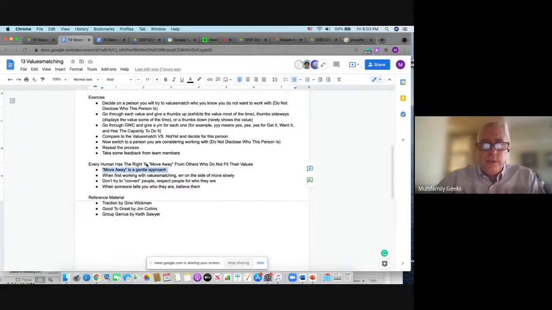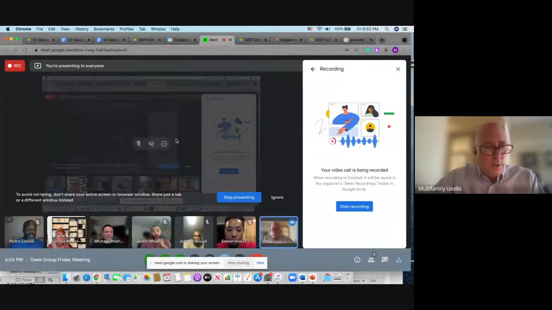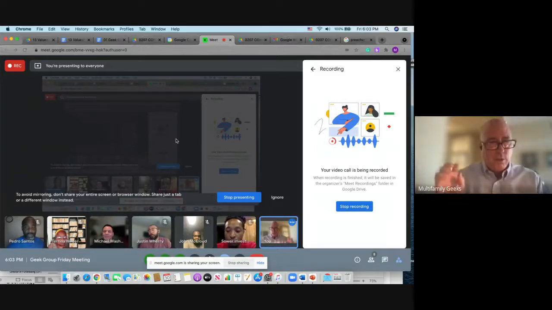Here's what it means. Every human has the right to move away from others that don't fit their values. Now, we use a very low-key term here, move away. Move away is a gentle approach. And the Traction book argues that you should take a 90-day process. Let's say you're in a company and you're using Traction, and this person comes up as not a fit for values.